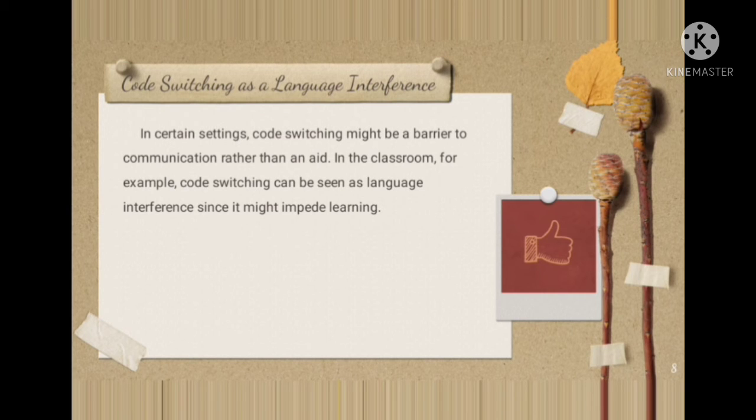Although students may see code switching as an acceptable form of communication in society and may feel comfortable switching languages in everyday conversation, in some other settings this type of communication would put those who are not bilingual at a disadvantage because they would not be able to understand. Therefore, code switching can be both beneficial and a possible language interference depending on the situation and the context in which it occurs.